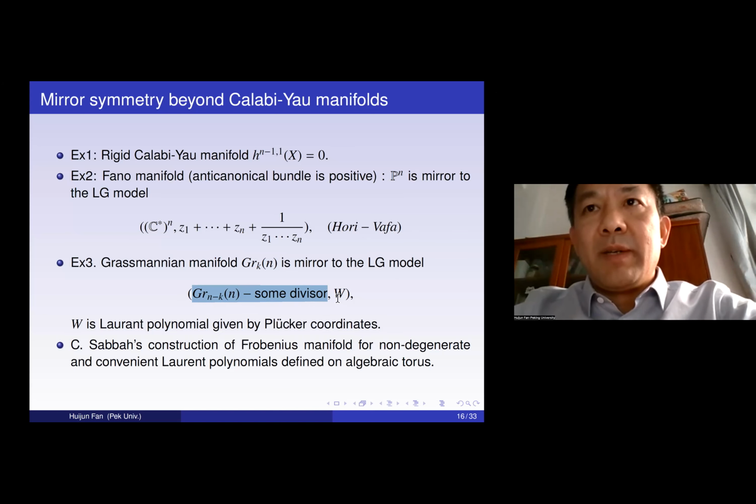The Laurent polynomial is defined by the Plücker coordinates. Here I don't want to write down the explicit expression of W. And the last one is because of Saito's construction of Frobenius manifold for non-degenerate and convenient Laurent polynomial defined on an algebraic torus. So for this model, you also need to consider the LG model.